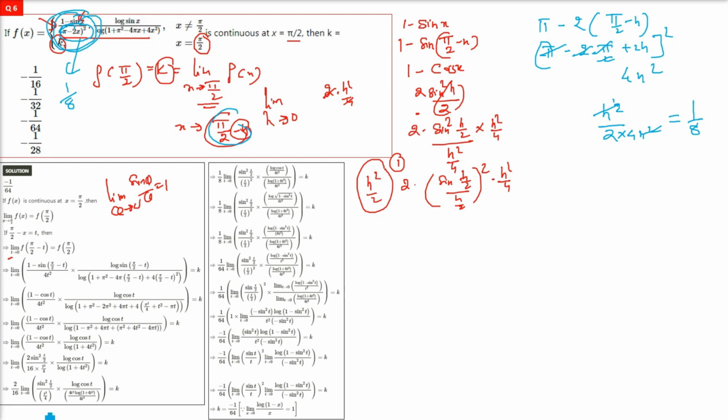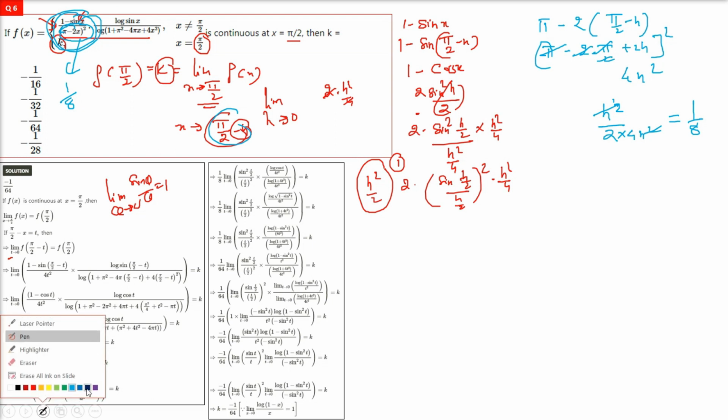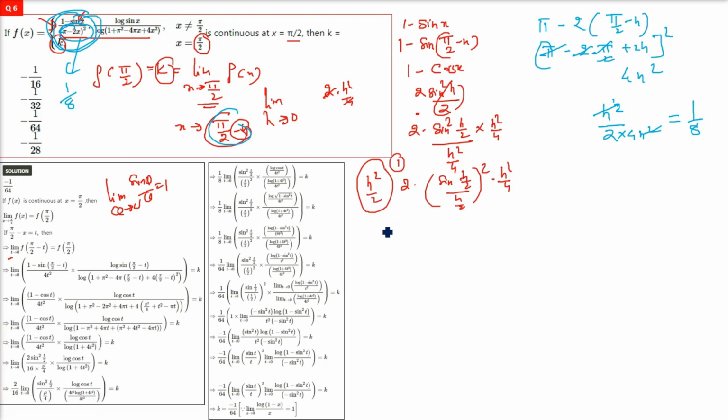Let me just change the color so that you understand. We are taking each term separately. Now I am taking log sin x. In sin x, you have to write pi by 2 minus h in place of x. Sin of pi by 2 minus h is cos h, since sin 90 minus theta is cos theta.